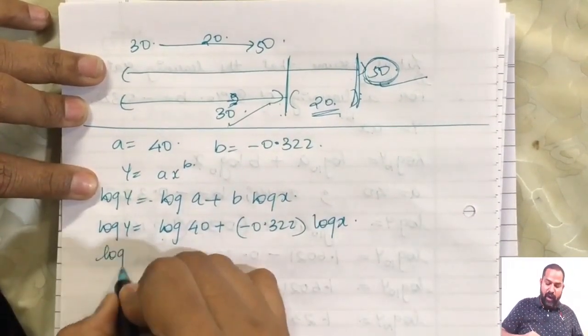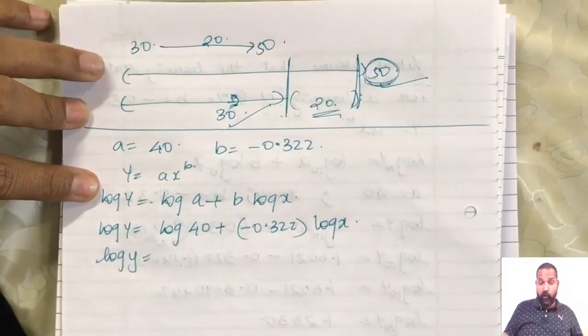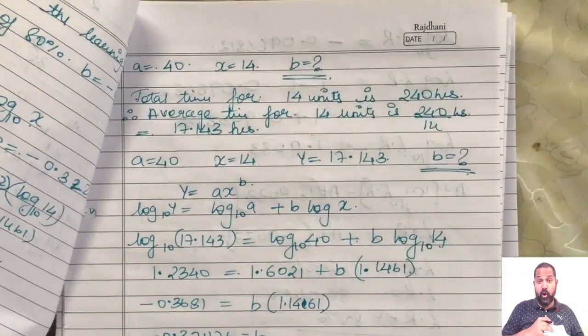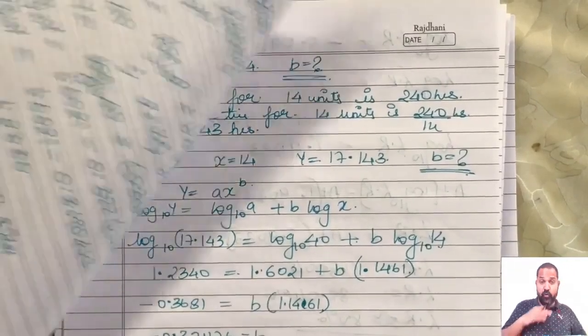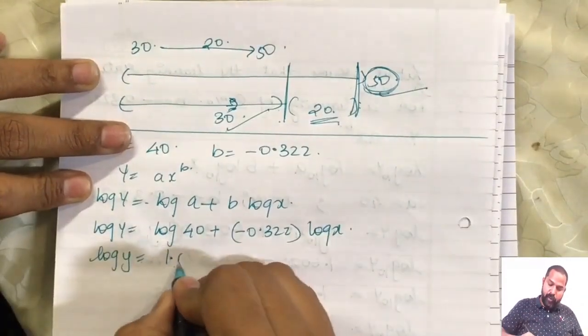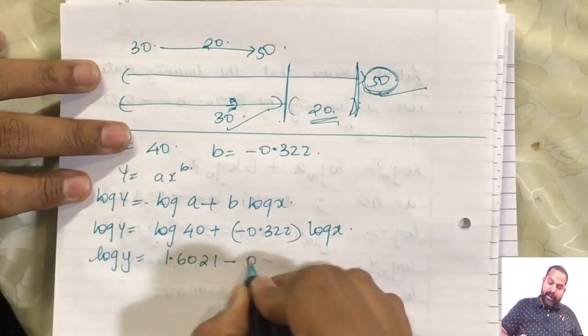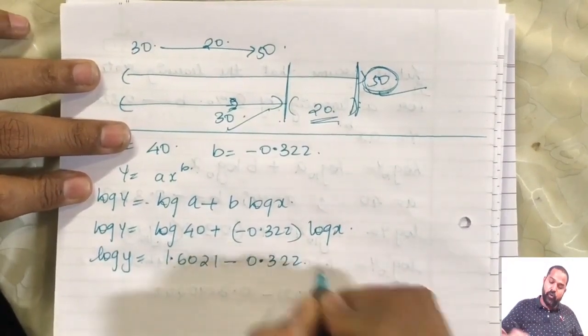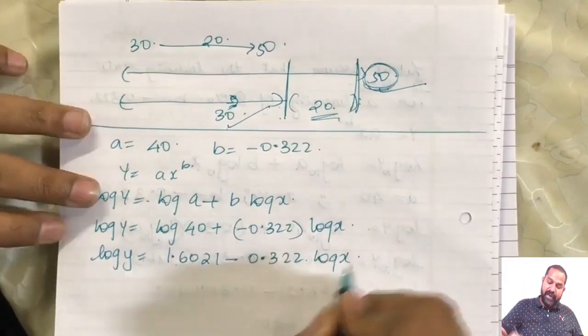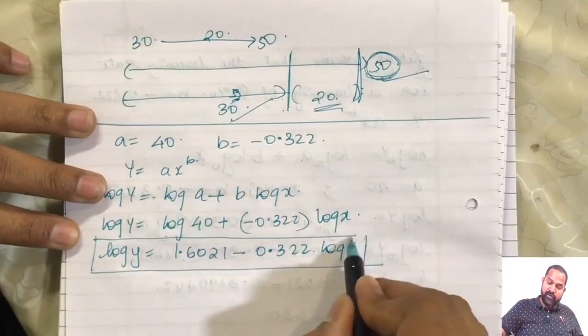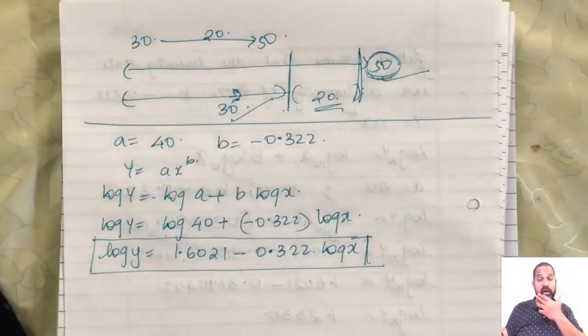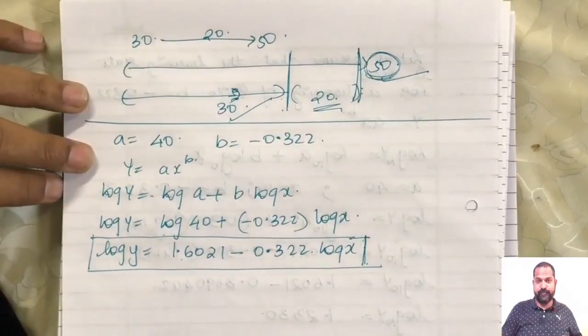So log of y will be log 40. We just found log 40 a lot of times, and log of 40 is 1.6021. So it is 1.6021 minus 0.322 log of x. And this is my standard formula for this question.